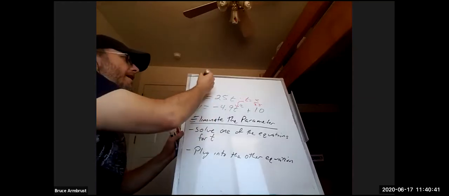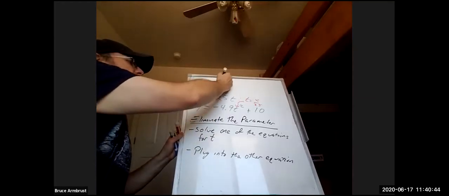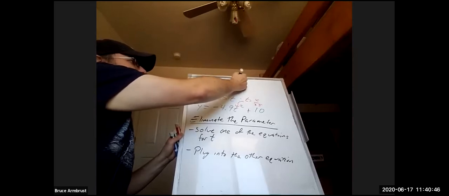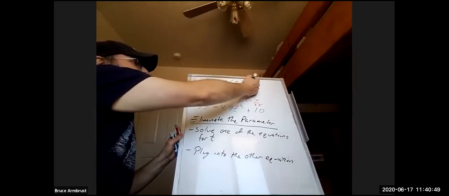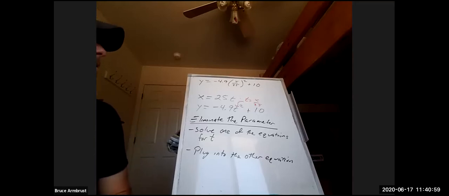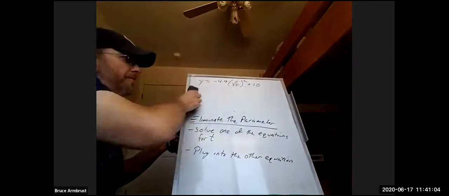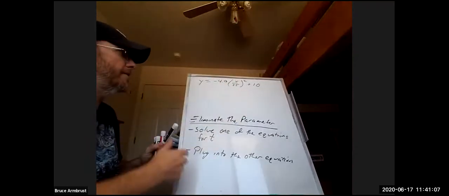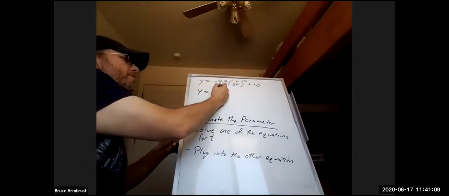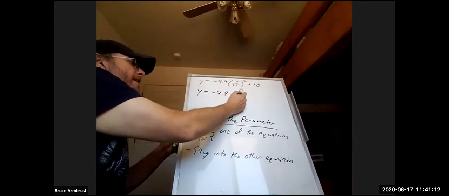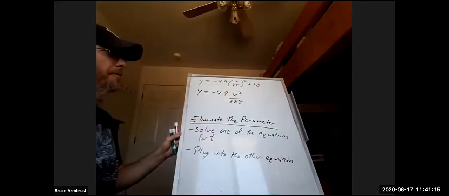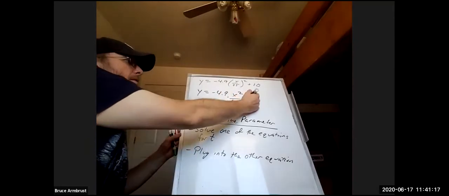So this would look like y equals negative 4.9 times (x over 25) squared plus 10. Well, let's just see what that does for us. So we have to square both the x and the 25. So we get y equals negative 4.9 x squared over 625 plus 10.